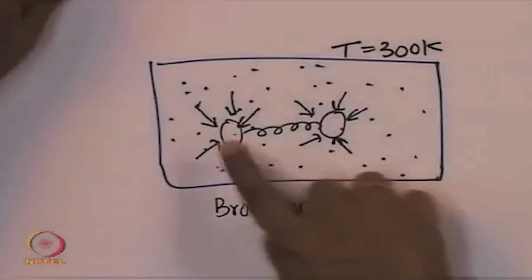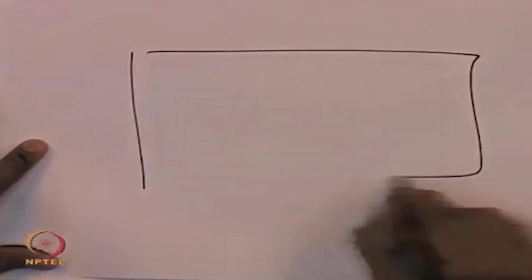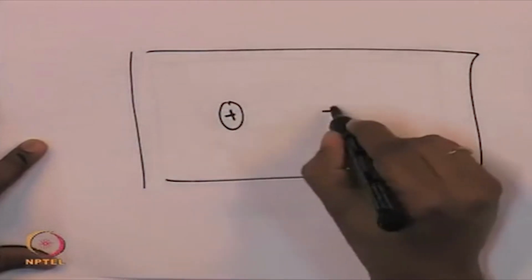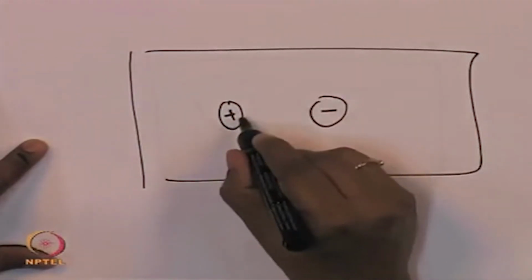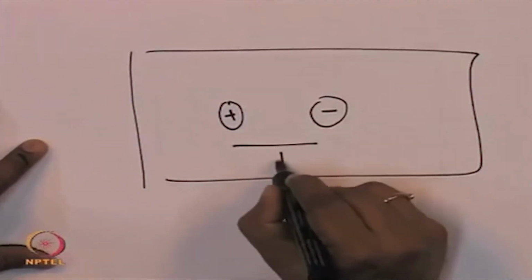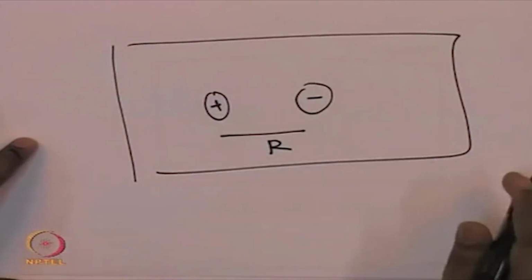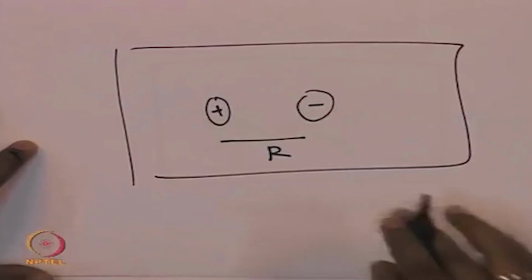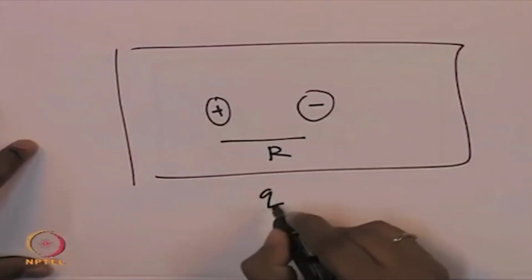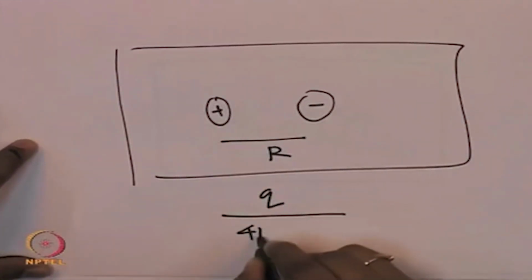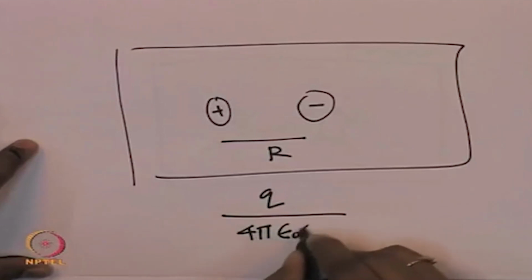Now, let us think of a certain case. For example, think of two charges in water, a plus charge and a minus charge. They are at a certain distance r apart, and from physics you know that the energy will be q over 4 pi epsilon 0 epsilon r.